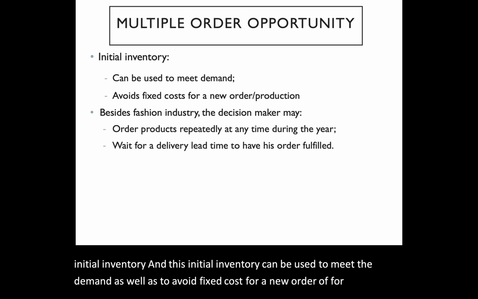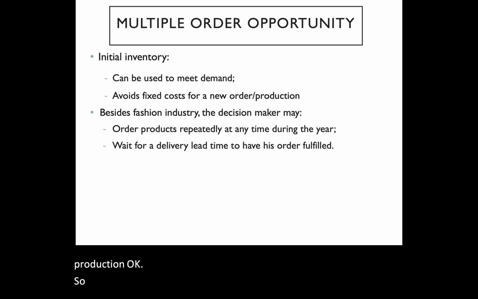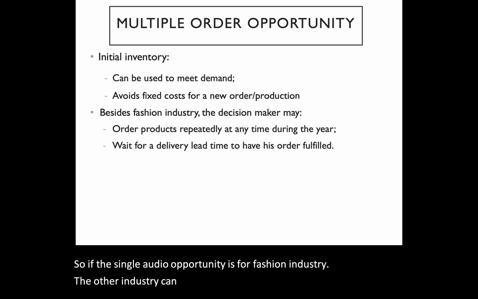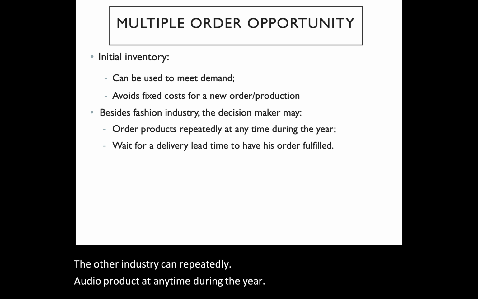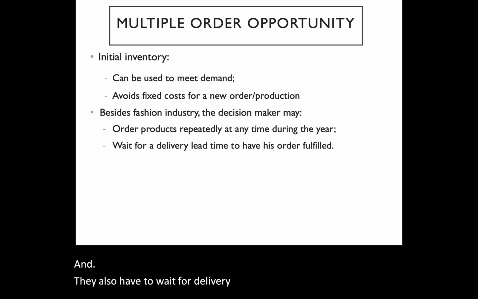Okay, so if the single order opportunity is for the fashion industry, the other industry can repeatedly order product at any time during the year. And they also have to wait for a delivery lead time to have their order fulfilled.